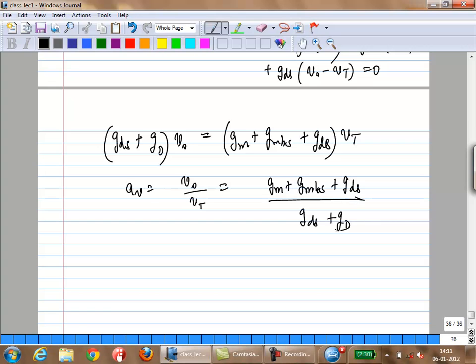Okay, so this is the accurate expression for the gain: GM plus GMBS plus GDS over GD plus GDS.